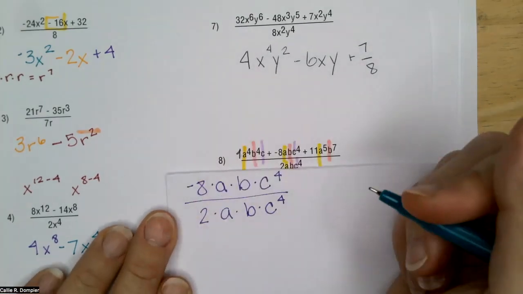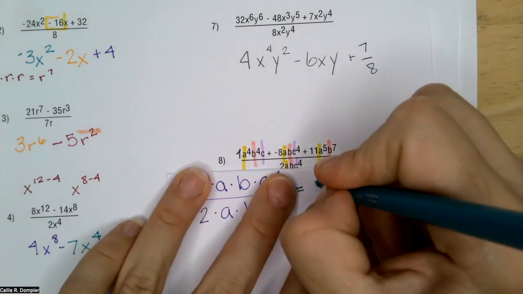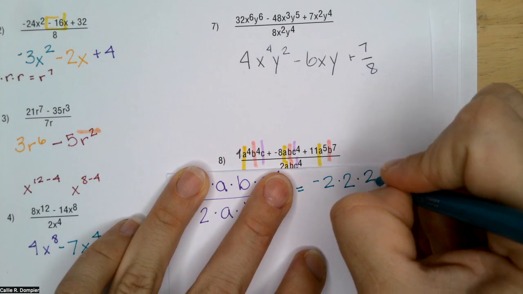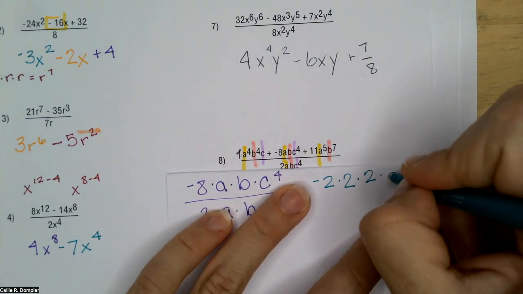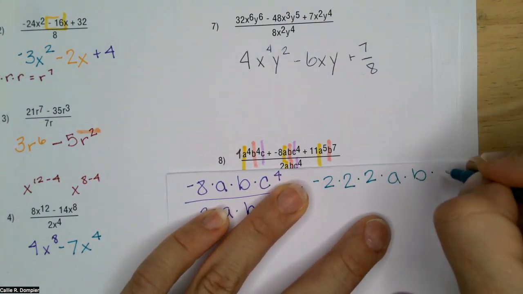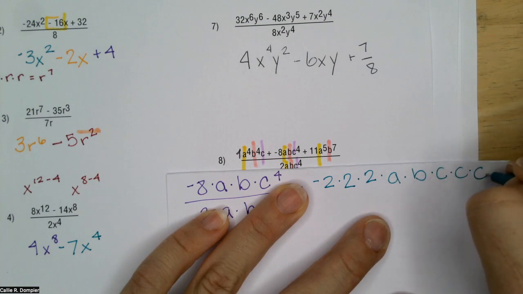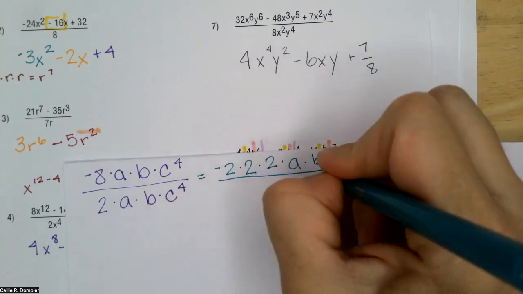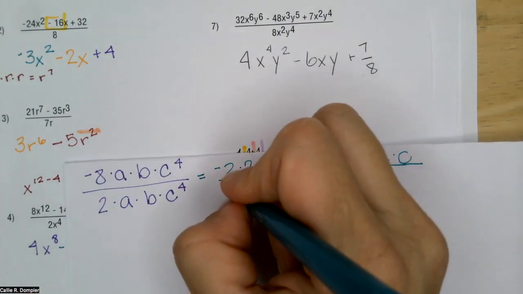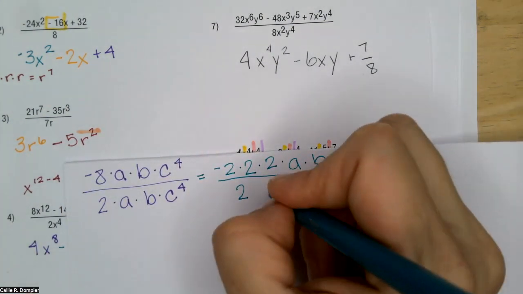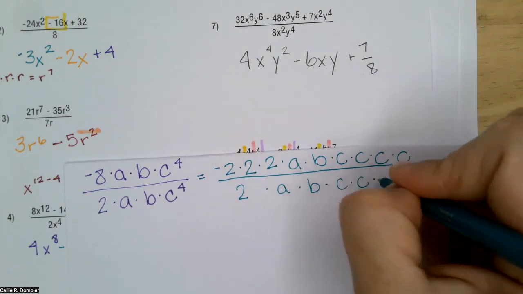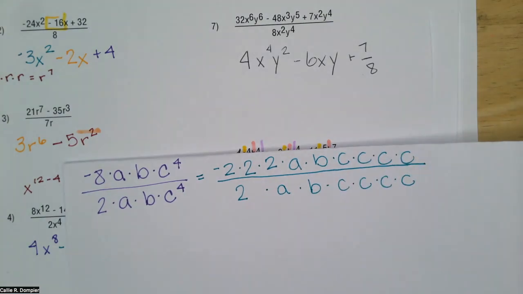Negative 8 is the same as negative 2 times a positive 2, which would be negative 4, times another positive 2, which would be a negative 8, times a times b times 4 c's. We agree? And then here I have a 2, which is already in its prime factored form. It's a prime number. 2 times a times b times 1, 2, 3, 4 c's.